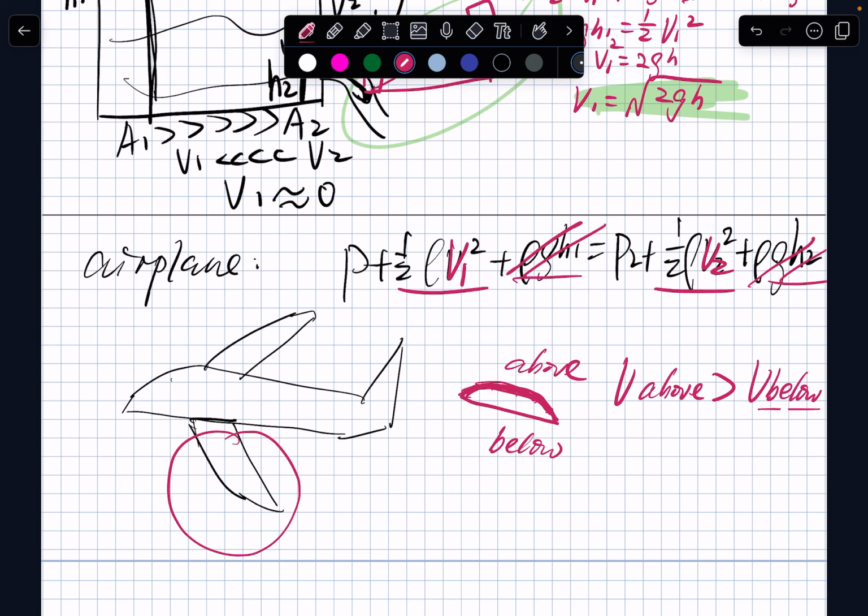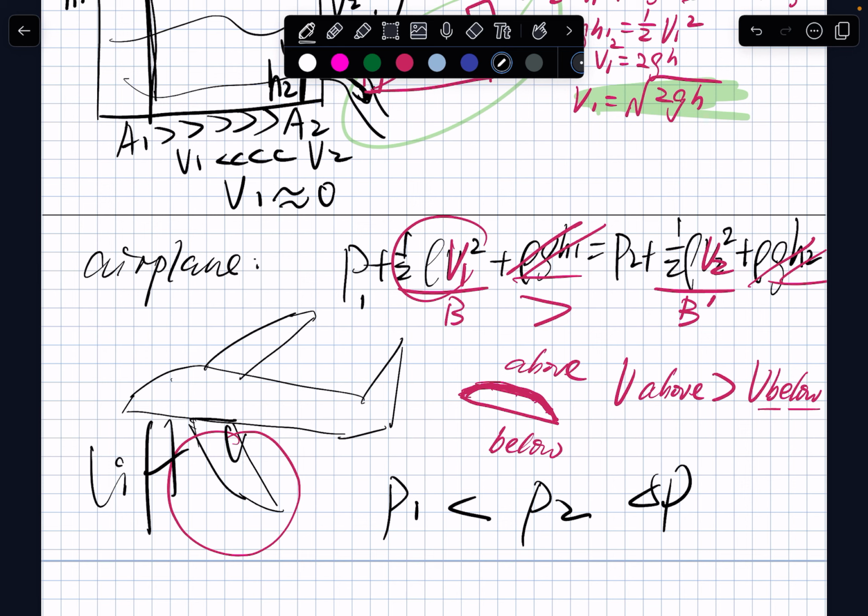This term B is larger than this term B prime, right? And this tells you that P1 must be smaller than P2, all right? And then there's a delta P. The difference of pressure is what lifts up the airplane, okay? All right, that's the level of depth that you need to know for the MCAT.